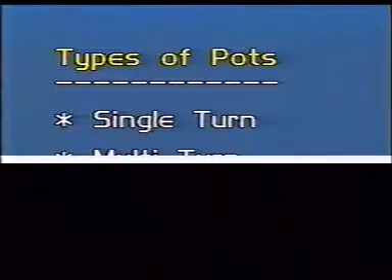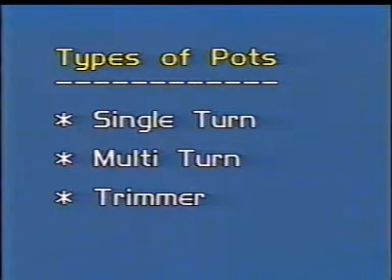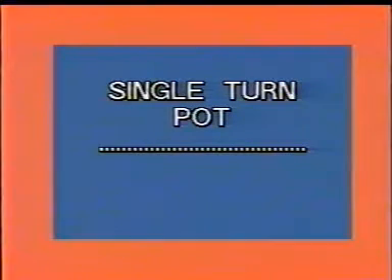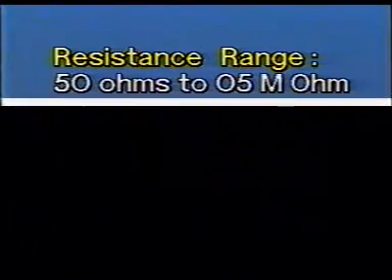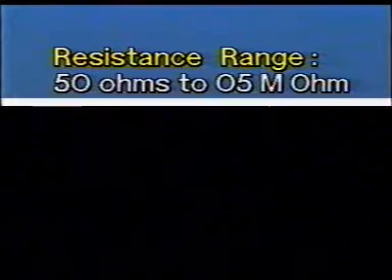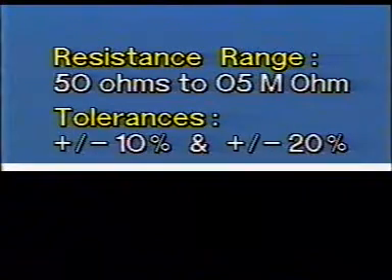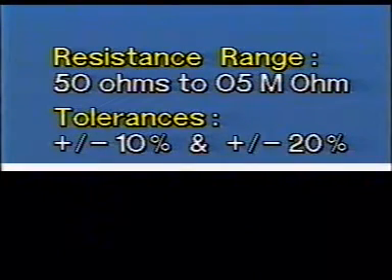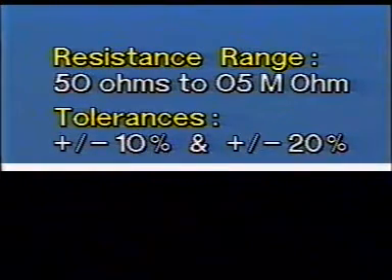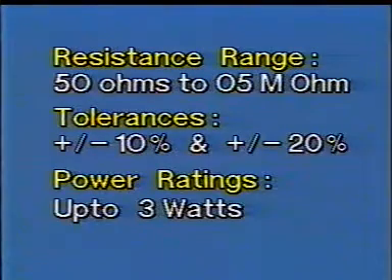Basically, there are three types of pots: single turn, multi-turn, and trimmer. Single turn pots are available in resistance range from 50 ohms to 0.5 mega ohm in tolerances of plus minus 10% and plus minus 20% and in power ratings up to 3 watts.